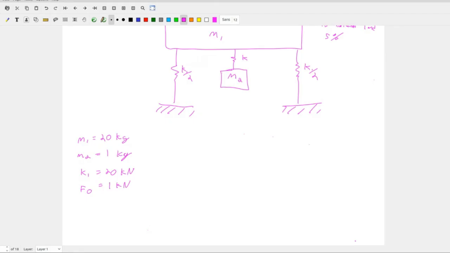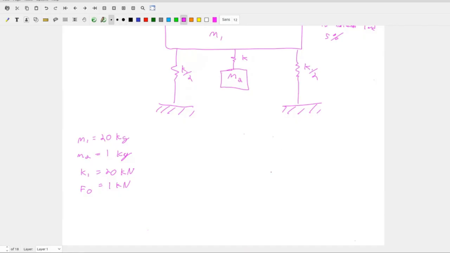Oh, come on. So let's go ahead and design for K2.